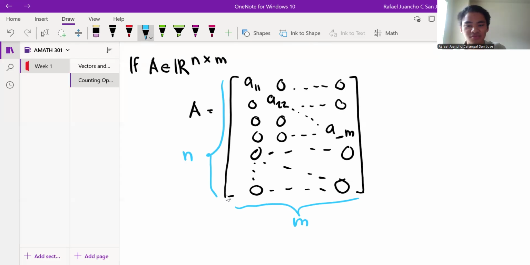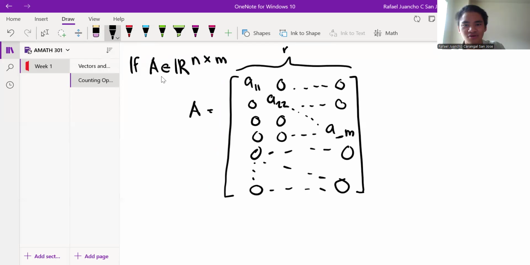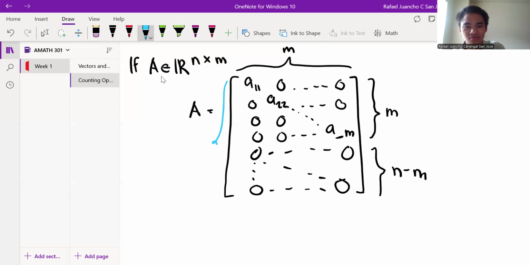We have m columns, right? So the way we can look at that is, here we have m columns. Here we also have m, and so this must mean this is n minus m. Why? Because this whole thing is n. We take out this m here, and so here we're left with n minus m.